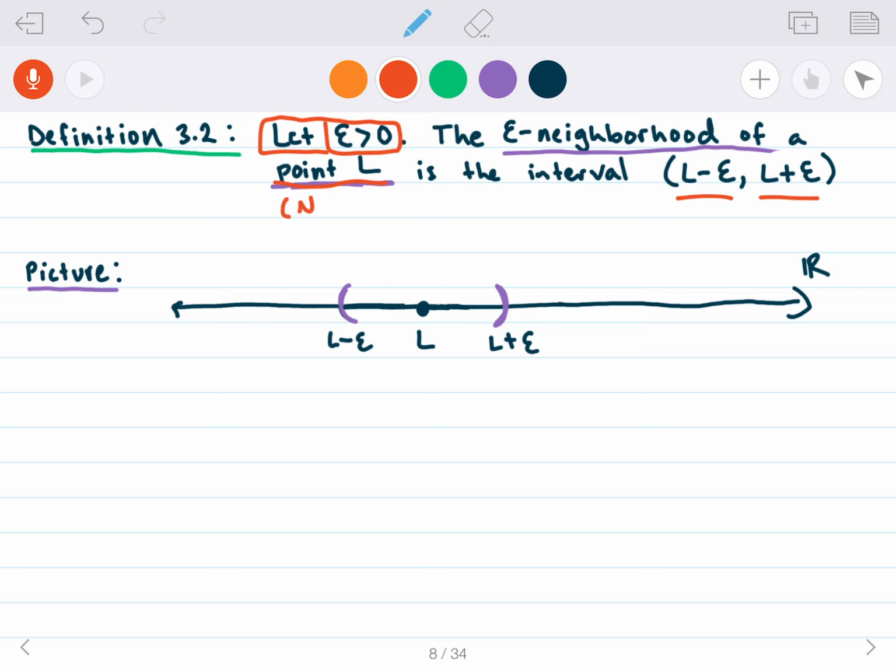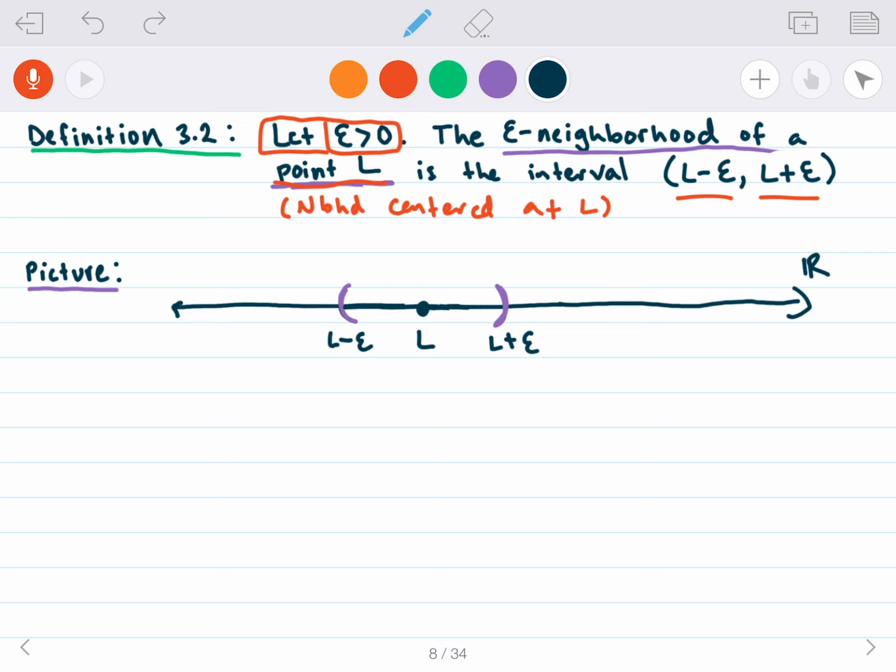This is the neighborhood centered at L. We can think of it like if you're looking at the real line and you're given some number L, it's going to be directly in the center of this neighborhood. If I choose a number right here, I would say this guy lives in the epsilon neighborhood. Like, he's literally hanging out in a neighborhood. Whereas this guy does not live in the epsilon neighborhood.